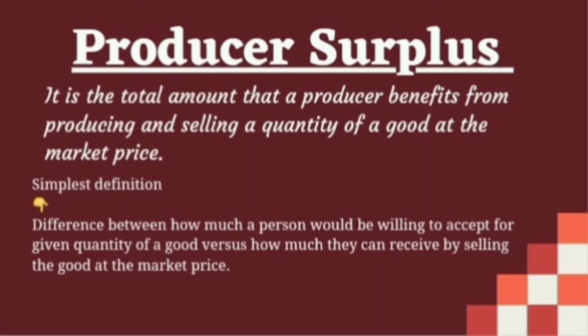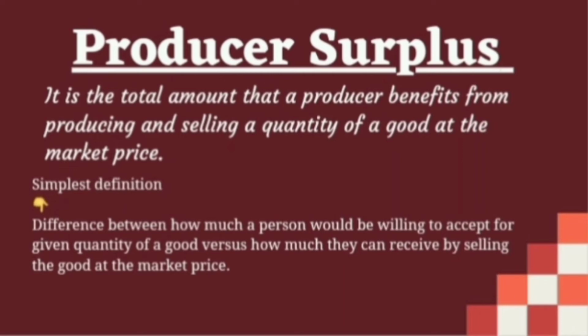First of all, let's see what is producer surplus. It is the total amount that a producer benefits from producing and selling a quantity of a good at the market price. It is generated by market prices in excess of the lowest price producers would otherwise be willing to accept for their goods.